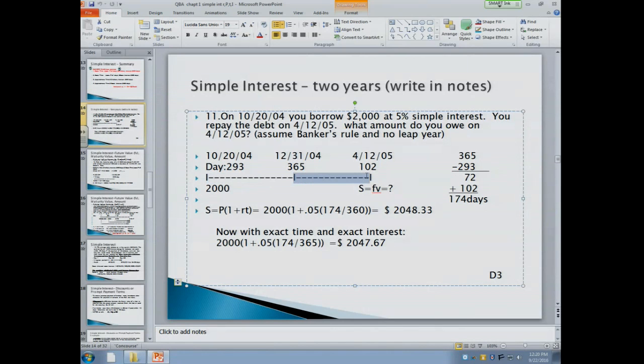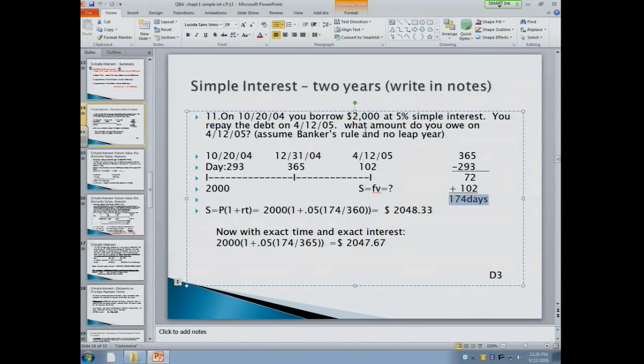The second part of the timeline is 102 days. So in 2005, there were 102 days where interest was accumulated. You add those, we had a total of 174. 174 is the numerator. I said Banker's rule, so 360 is the denominator.